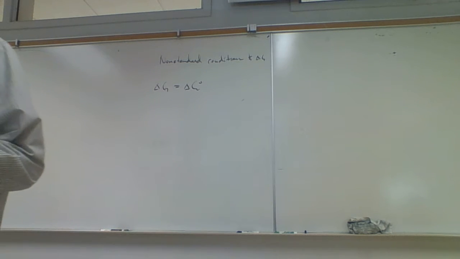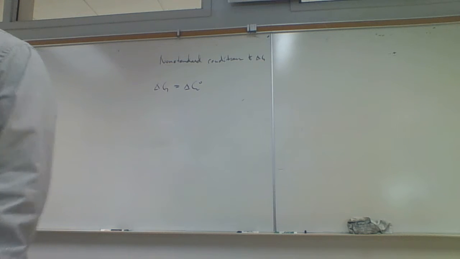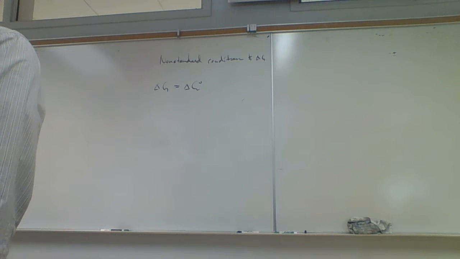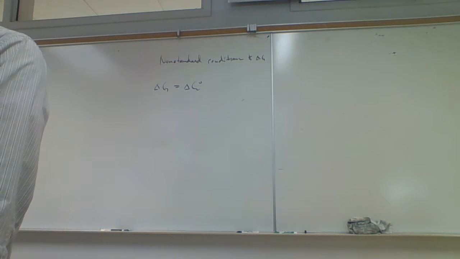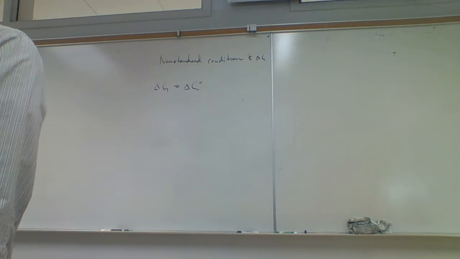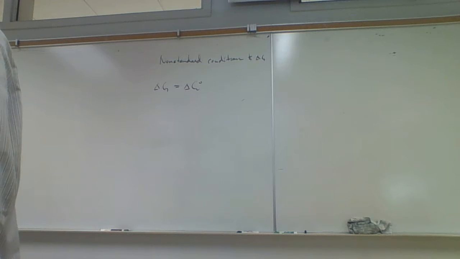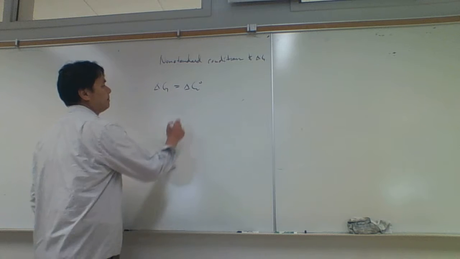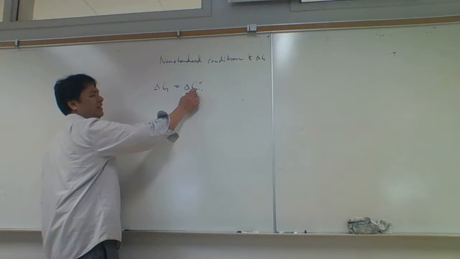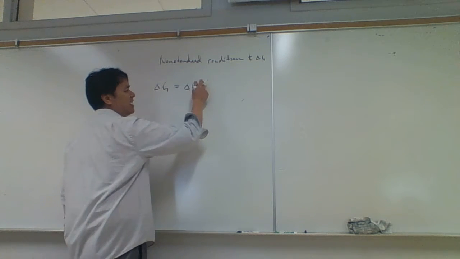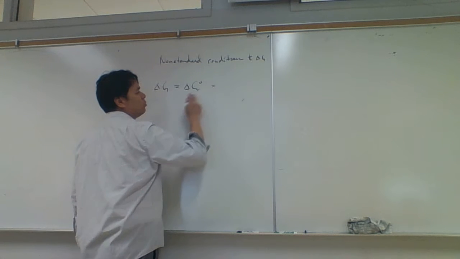Our delta G under standard conditions has a starting point of what? If we're thinking about the drive, our starting point is going to be what number? One. Delta G under standard conditions means it's 1.